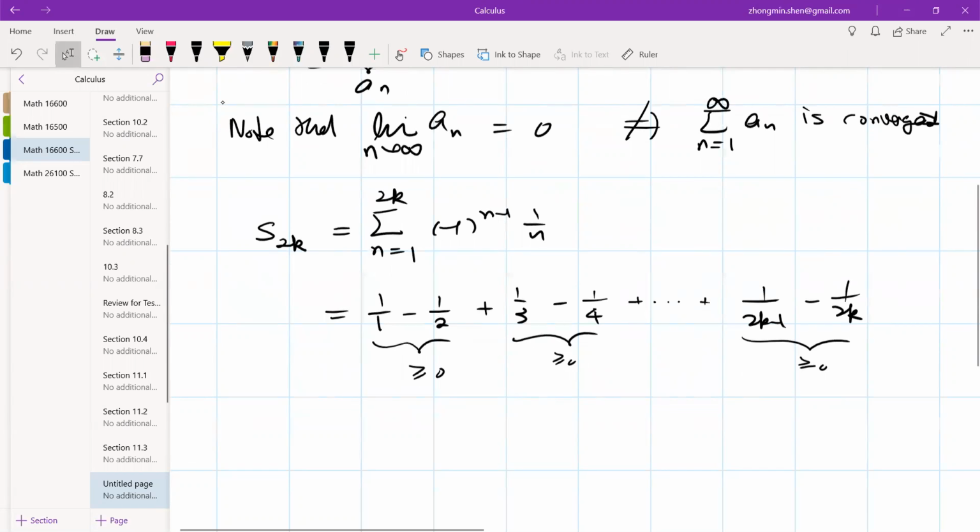Why is it convergent? You can regroup them pair by pair. If you look at the growth rate, it's going to be like 1 over k squared. Look at the last term.